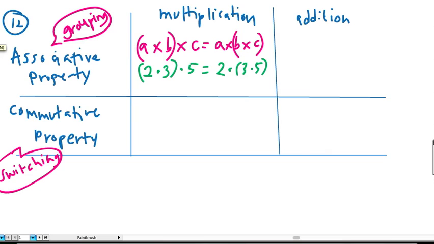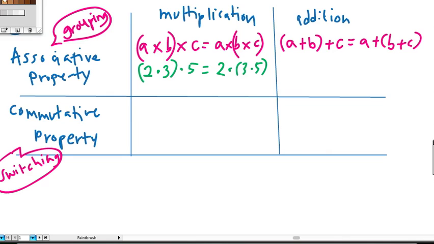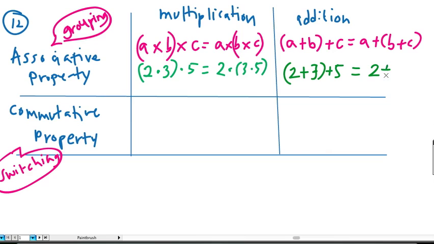So the associative property of addition is very similar, except we're adding. So it would be A plus B in parentheses, and then add C, is exactly the same as A plus B plus C in parentheses. And so if we were to use numbers, then we could do 2 plus 3, and then add the 5, is exactly the same as 2 plus 3 plus 5 with the last two grouped.